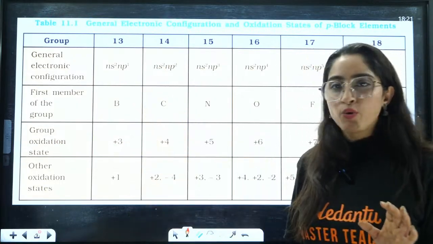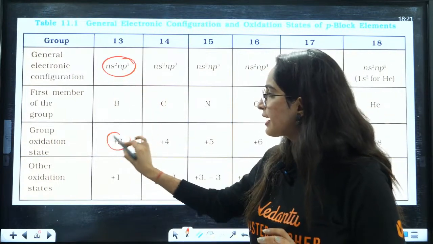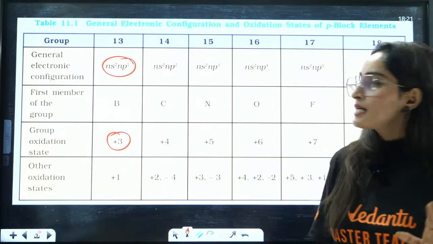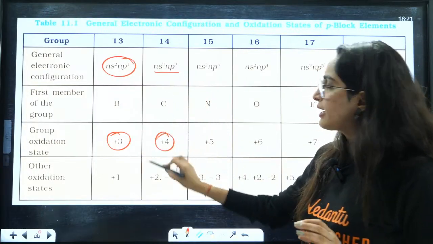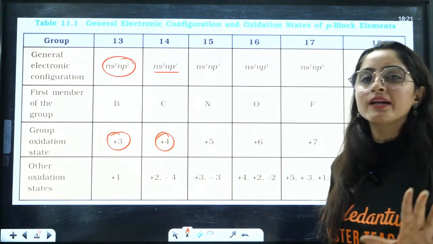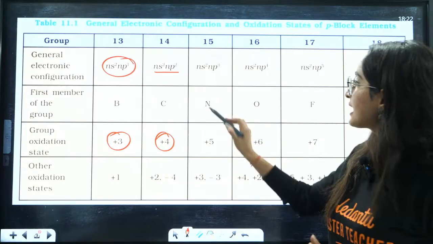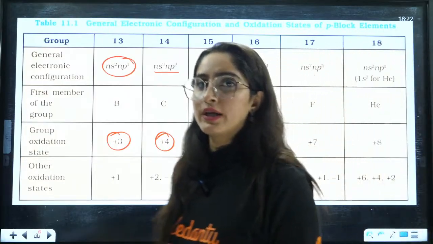First element is boron, right? Because it is having 3 electrons, so 3 electrons will be lost here, right? Now for group number 14, it is having 4 electrons, so 4 electrons will be lost here or gained here, but it will be shared in case of group number 14, right? If you talk about nitrogen, now see this very carefully, right?